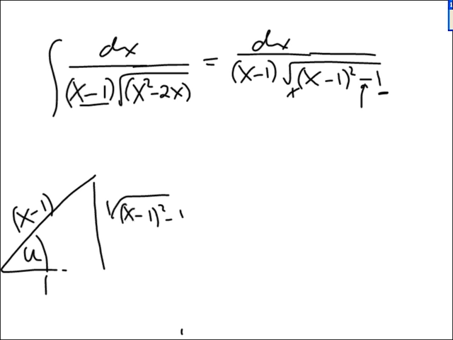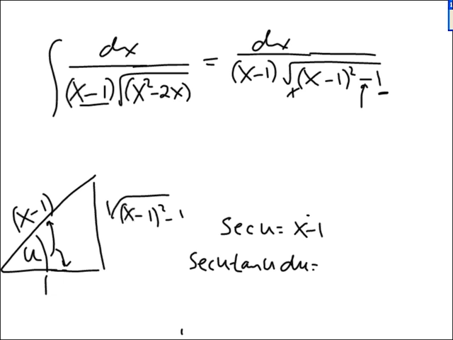Okay, so this tells me that I'm going to do this divided by 1. That gives me a very friendly answer. Hypotenuse over adjacent, that's secant. The secant of u is x minus 1. Differential of both sides: secant of u, tangent of u, du equals the differential of that, which is dx.